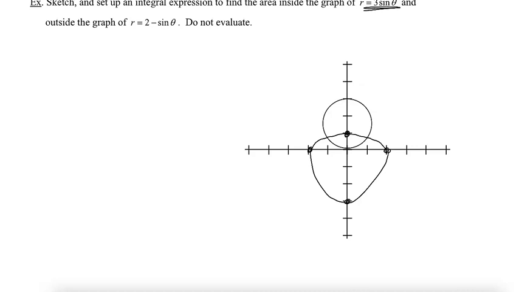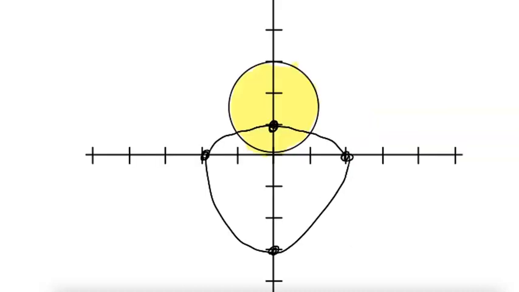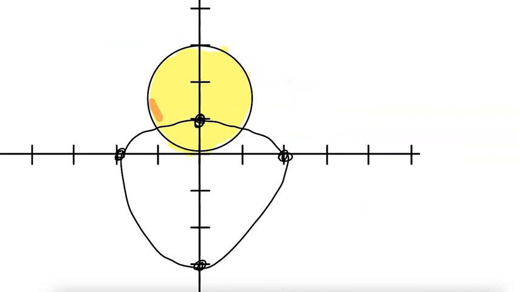But let's use this because we need to be inside 3 sine theta. So that is the region inside of my circle. So somewhere in there. But I need to be outside of 2 minus sine theta. So the part that is happening is this portion right here.